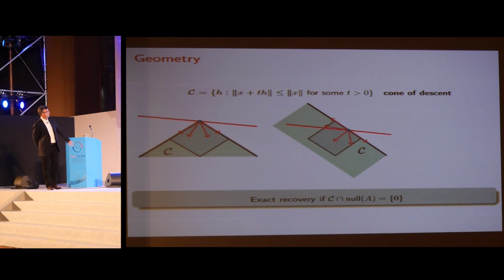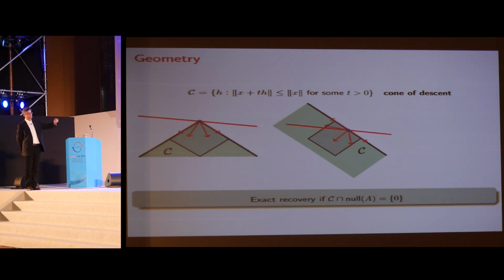And of course, the orientation of the feasible set is the null space of A. So what we're discovering through elementary pictures is that recovery is exact if and only if the cone of descent escapes the null space. That is, if the intersection between the cone of descent and the null space reduces to 0. And when that's the case, x is the solution.